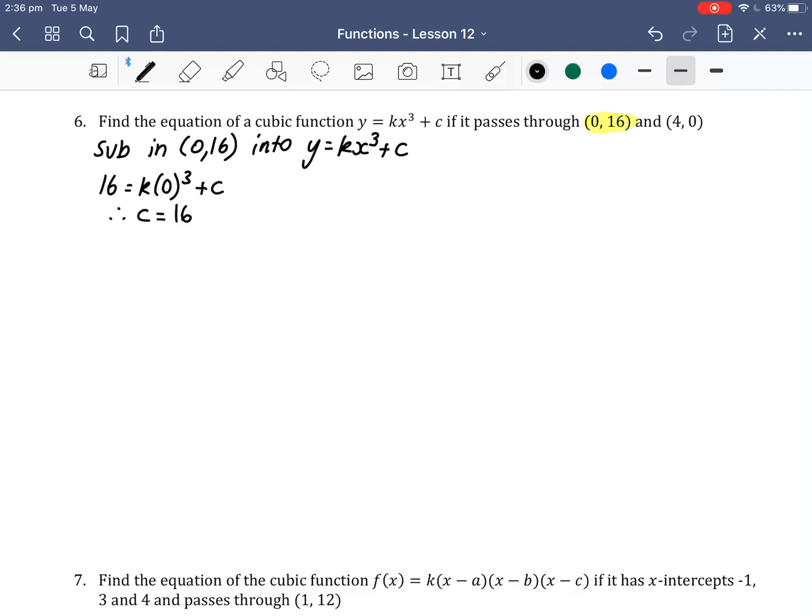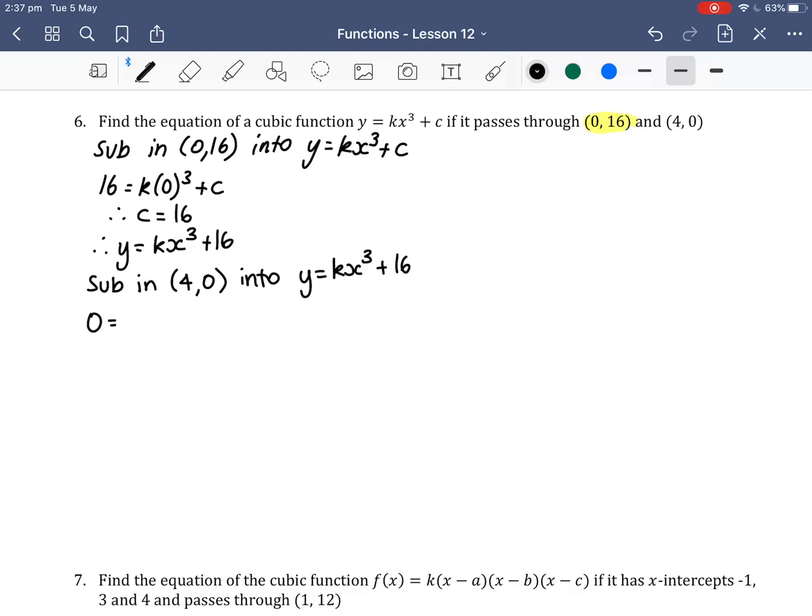So therefore c equals 16, and therefore y equals k x cubed plus 16. Then we want to sub in our leftover point, so sub in 4, 0 into this new equation of y equals k x cubed plus 16.